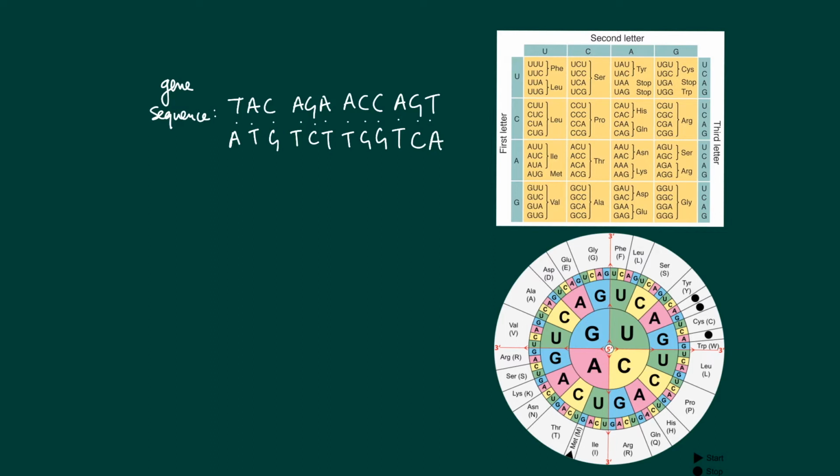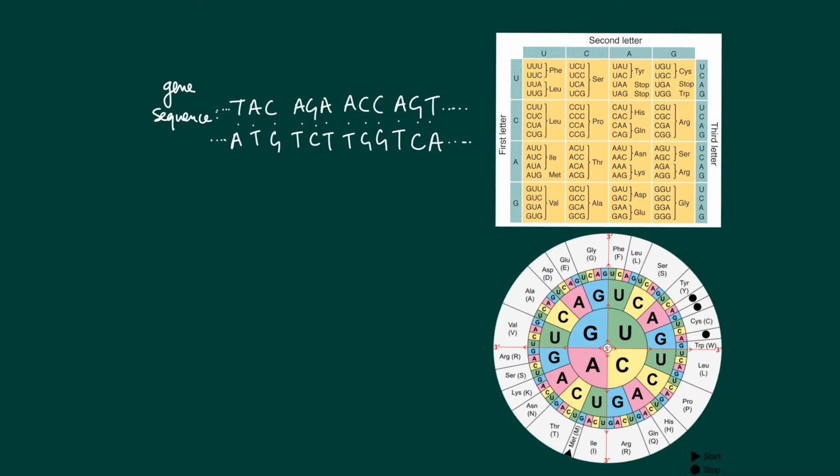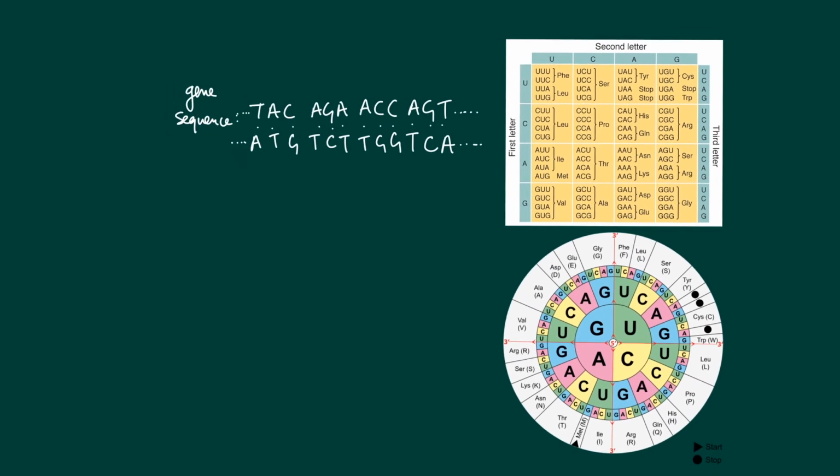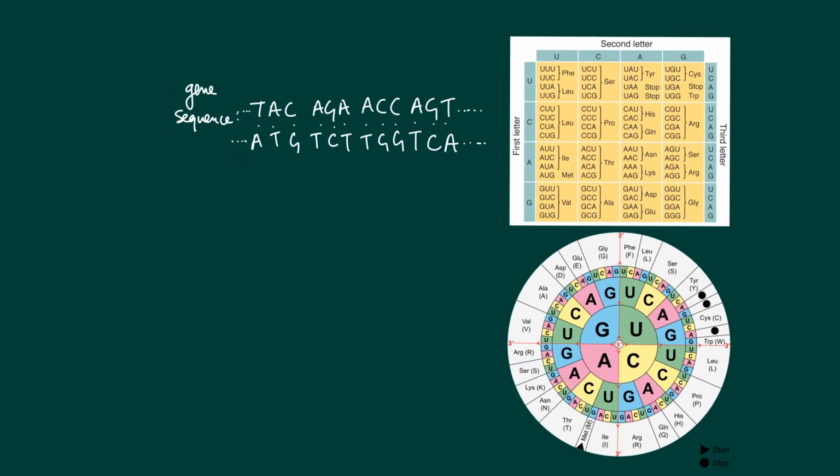Anyway, this is our gene, for example. Clearly the gene's going to carry on that way, as it is going to carry on that way. But this is our little bit that we're going to work with for an example. Okay, so that's our gene sequence.